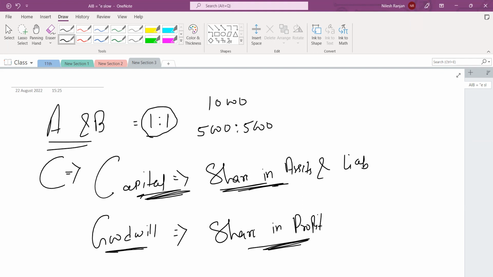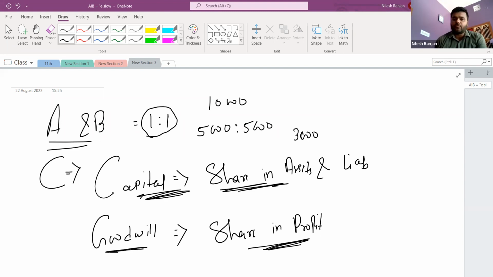But after admission of C, they will not get the same amount. Their profit share will be reduced. Let's say it becomes 4,000, 3,000, and C will also get 3,000. So their profit is reduced.